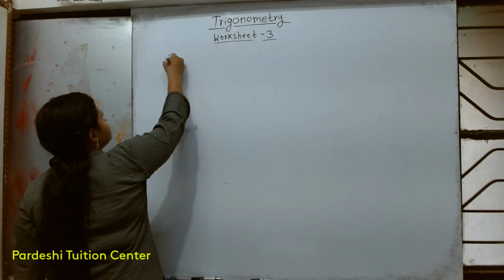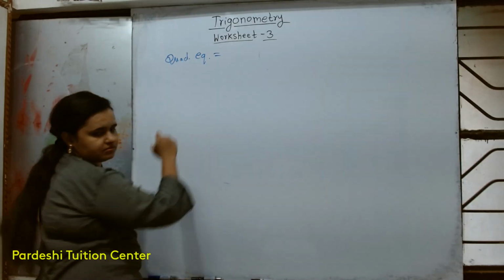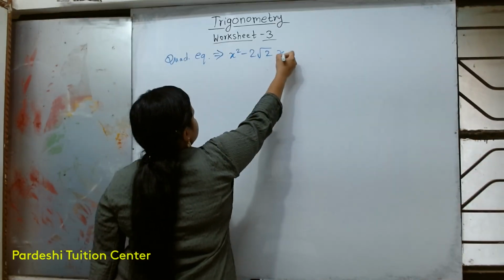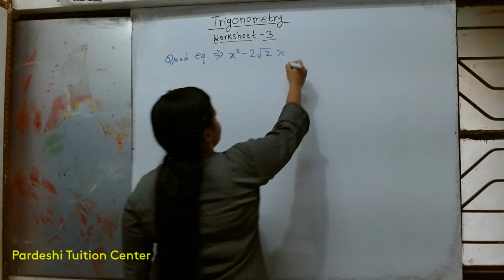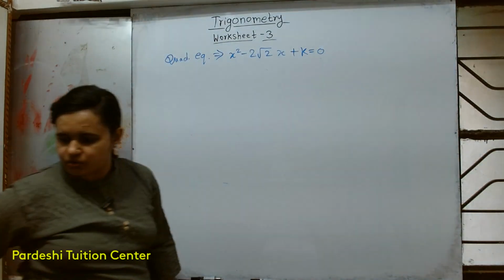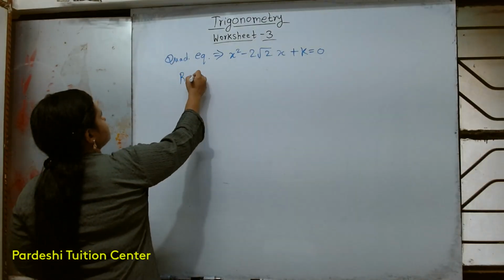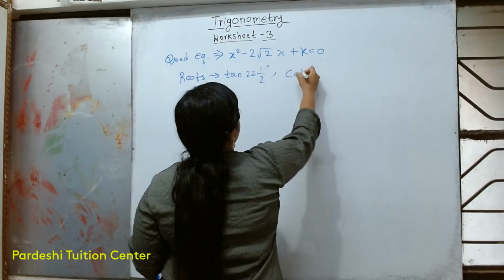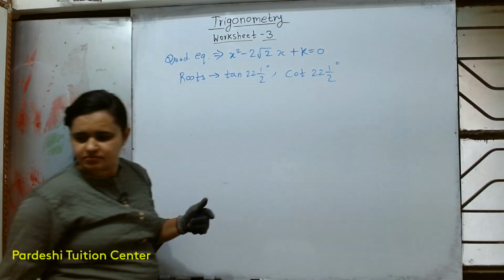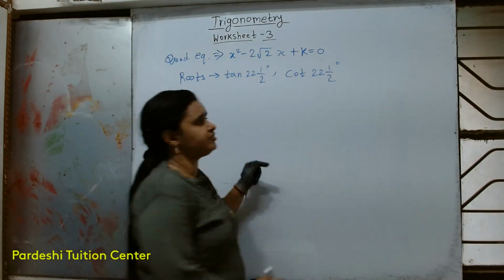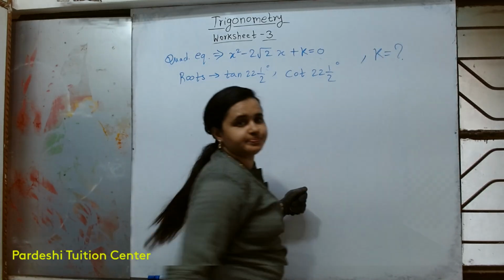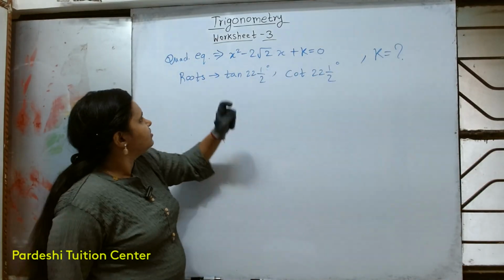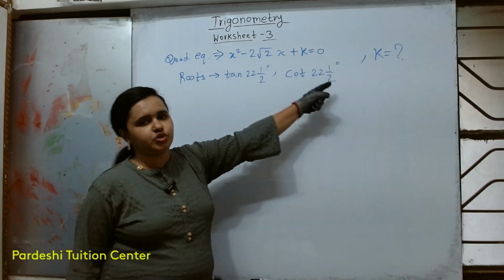The quadratic equation is x square minus 2 root 2 x plus k equals 0. And the roots are given as tan 22.5 degrees and the second root is cot 22.5 degrees, correct? Yes, correct. And we have to find the value of k.